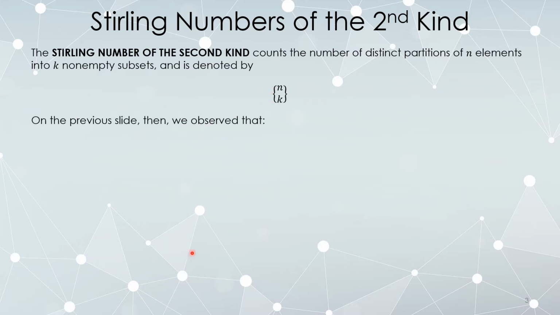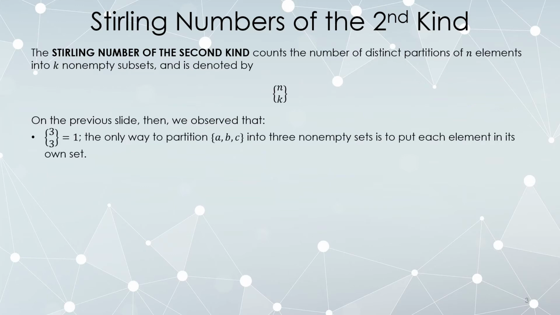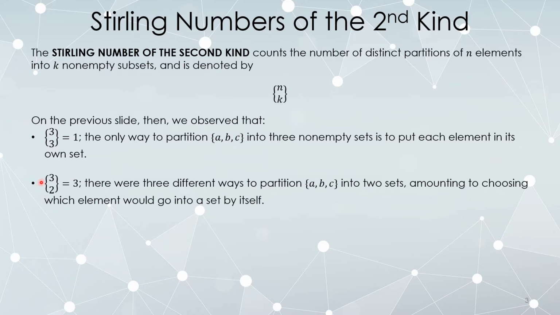So on the previous slide, we observed a few things. The Stirling number of the second kind, 3 over 3, is 1. There is only one way to partition a set with 3 elements into 3 distinct non-empty subsets. You have to put each element into its own set. But there are 3 distinct ways of partitioning 3 elements into 2 different subsets.